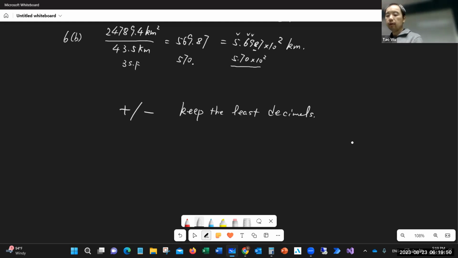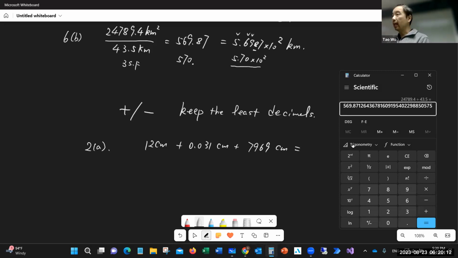So let's look at question 2a on page 5: 12 centimeter plus 0.031 centimeter plus 7969 centimeter. Now you add them together. The easier way is to put everything in the calculator and then do the rounding. So we're going to have this number, 7981.031.